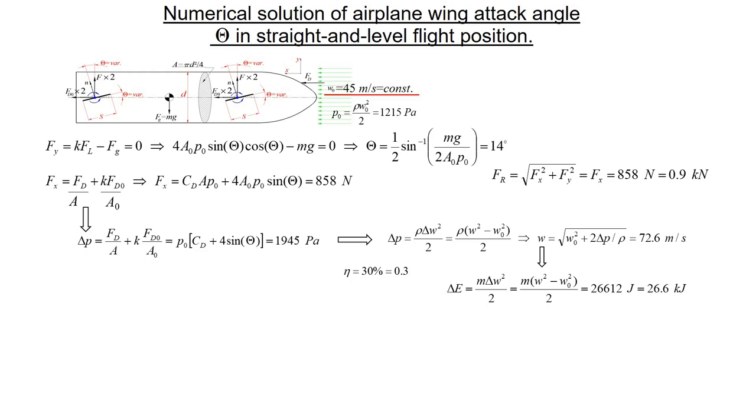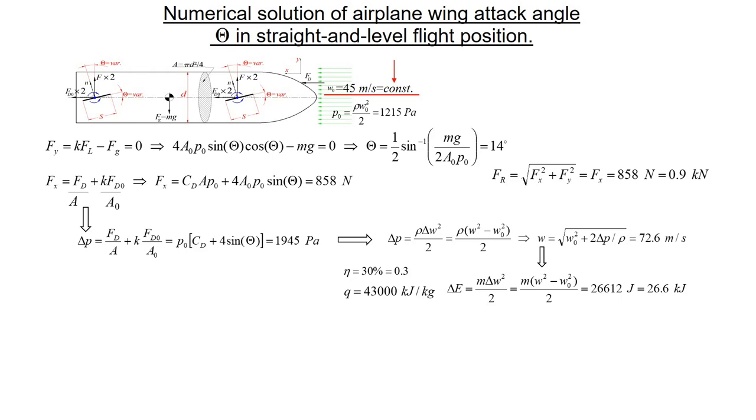Gasoline heat energy capacity per kilogram is equal to 43 kilojoules per kilogram, under the condition of steady wind or actual airplane velocity W0 equals constant.